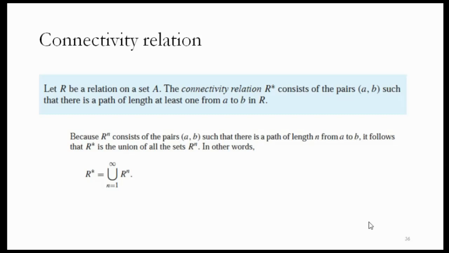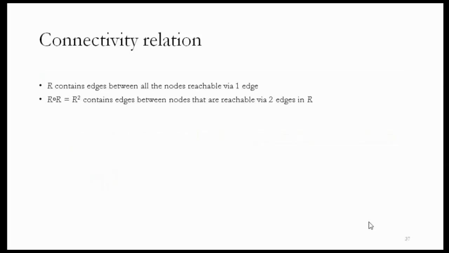So with this connectivity relation, if R contains edges between all nodes reachable via one edge, then R into R, the second iteration, becomes R square, containing edges between nodes reachable via two edges. R cube, R into R into R, 3 iterations, will be connected via 3 edges.